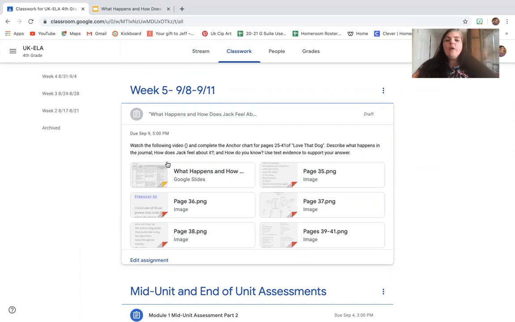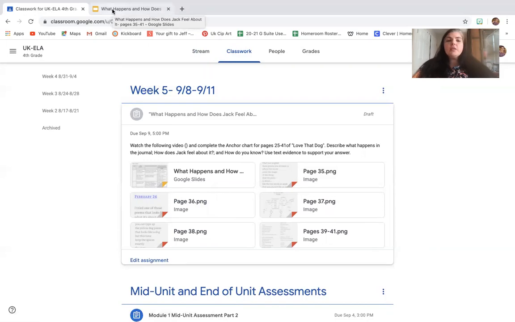So we will be clicking on these. I have already loaded the pages for you, page 35, 36, 37, 38, and 39 through 41. If you need to refer back to the poem, please do that. You can use your book or you can use the pictures that I provided.